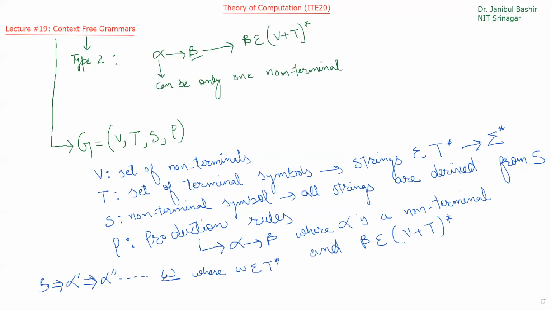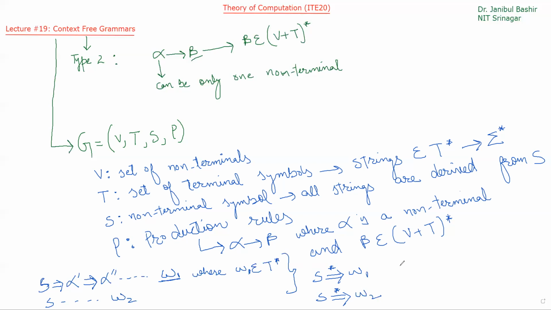So this will be a string generated by this grammar. Let's suppose it is W1. Likewise, we can derive another string starting from S, let's suppose W2. Instead of writing all these production rules, we can directly write S derives W1 using one or more production rules. Likewise, we can write S derives W2 in one or more production rules.